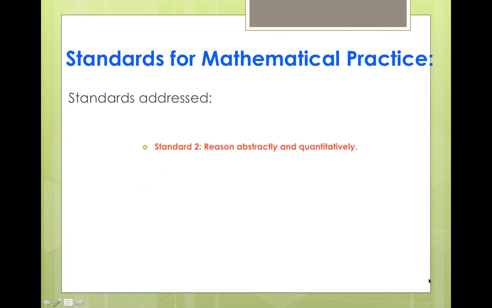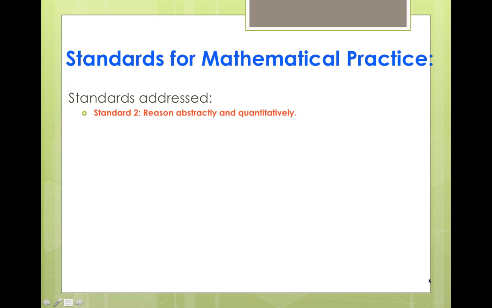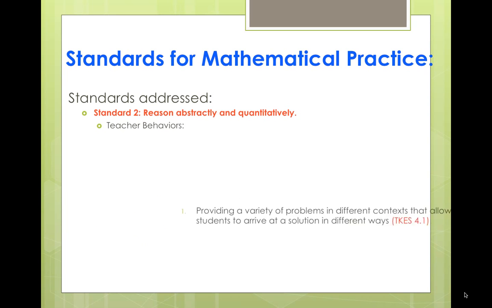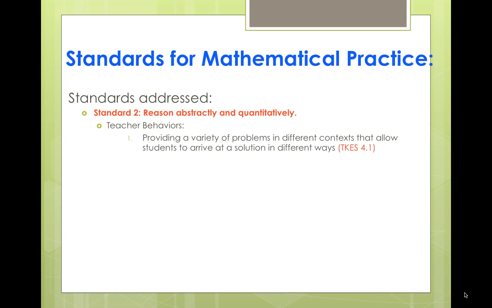The next standard that's related to this one is standard number 2, and it says reason abstractly and quantitatively. Some teacher behaviors that are related to standard number 2 are providing a variety of problems in different contexts that allow students to arrive at a solution in different ways.